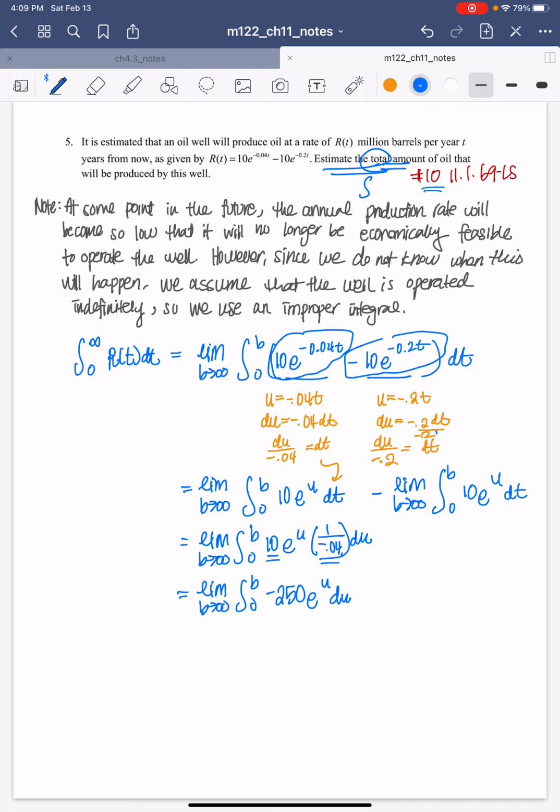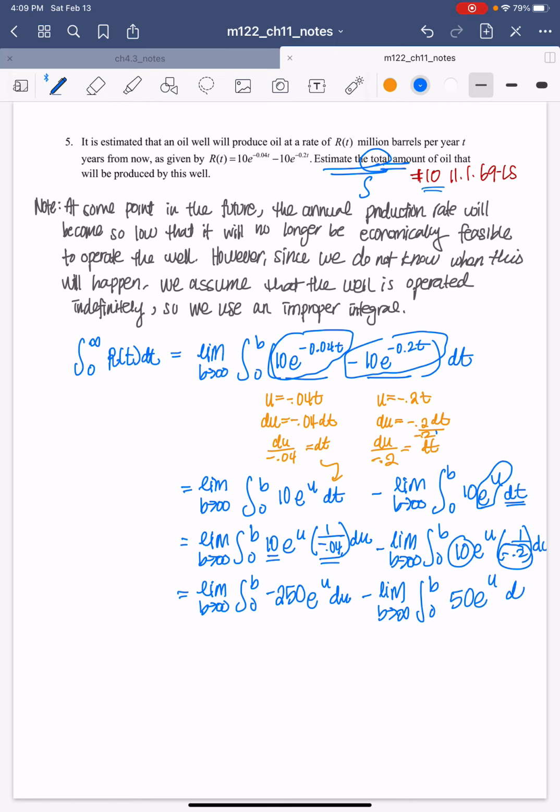So plug it in, I'm going to have limit as b approaches infinity, 0 to b, e to the u dt is negative 1 over 0.2 du. Dividing this negative with the 10, I'm going to get limit as b approaches infinity, 0 to b, 50 e to the u du.